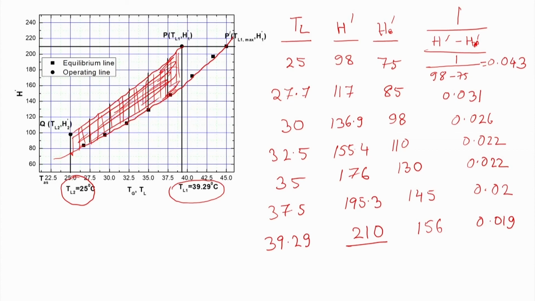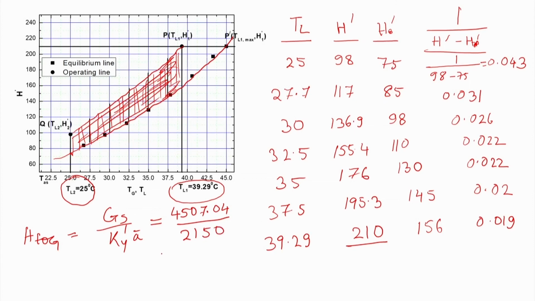Now, HTOG we will get from the well-known equation: HTOG is nothing but GS by capital KY prime A bar. GS is 4507.04 divided by KY prime A, which is given as 2150.